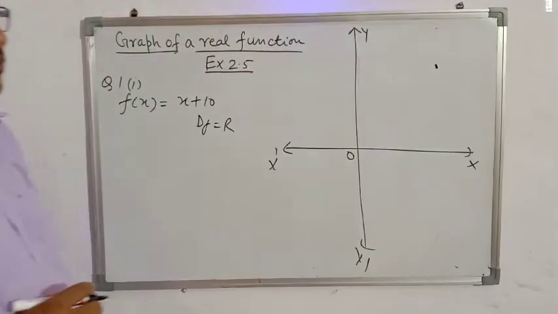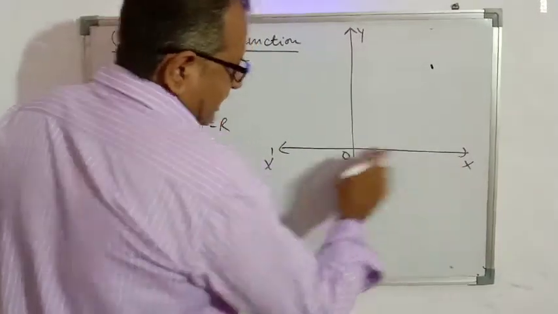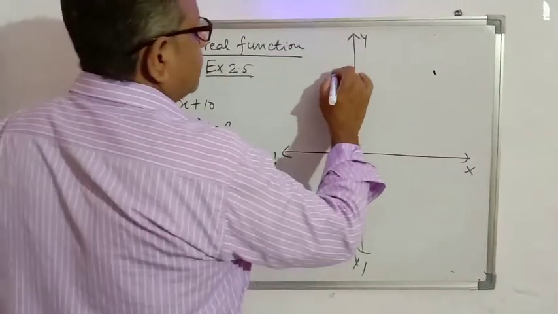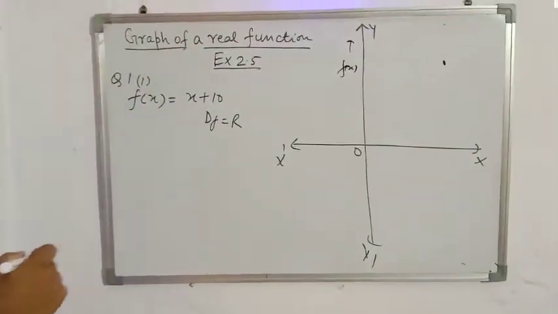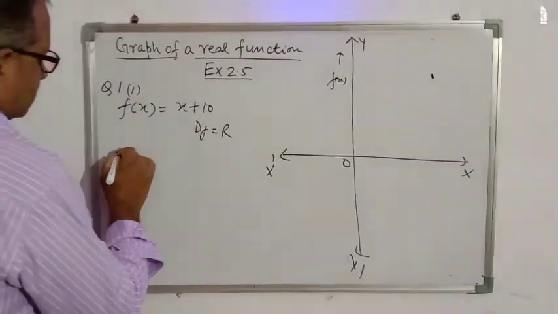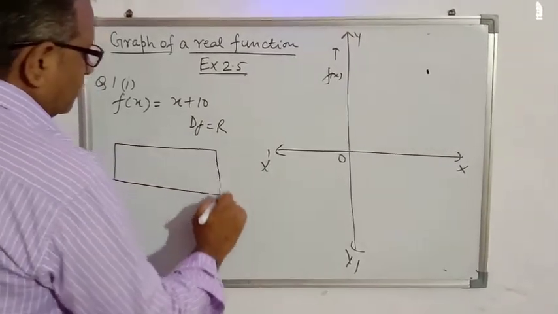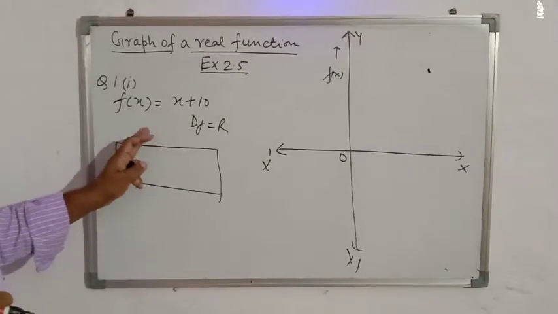O is the origin. The value of x we take on the x axis, f(x) means y, we take on the y axis. So it is a linear equation in two variables x and y, so it will represent a straight line.